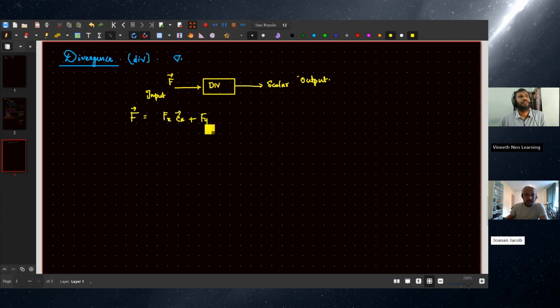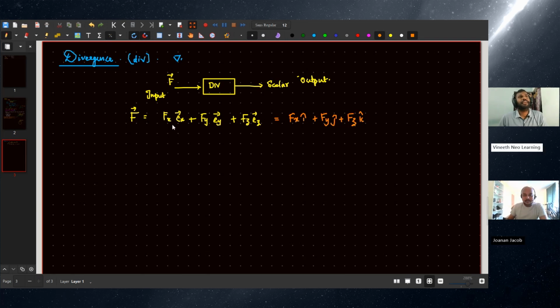Usually in India, we write this as F_x i cap, F_y j cap, and F_z k cap. Different countries have different notations, so it doesn't matter. We'll stick with e_x, e_y, standard in mathematics.